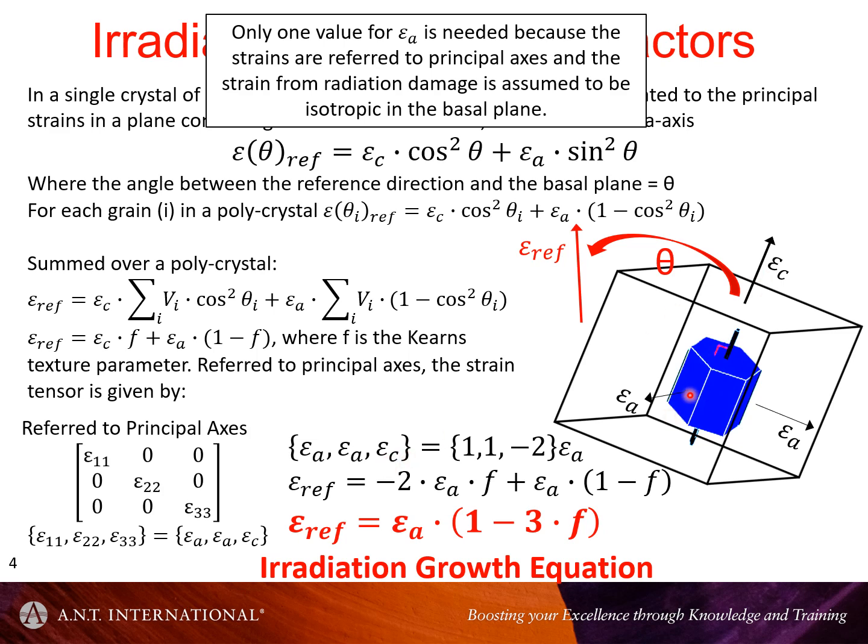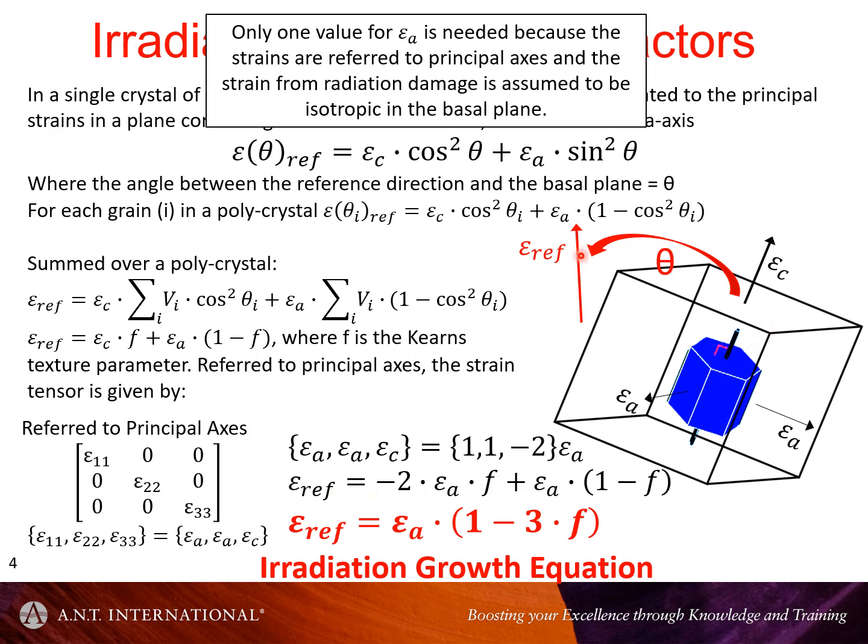So what that means is that during irradiation growth, we get expansion in the directions parallel with the basal plane, and a contraction in directions which are perpendicular to the basal plane.